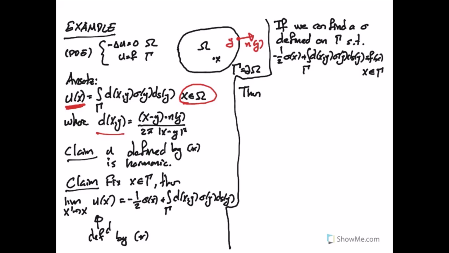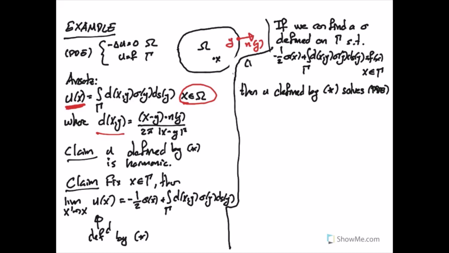Then u defined by star solves PD. All right, so now I need to rearrange my slide a little bit because I want to have space to name this equation.